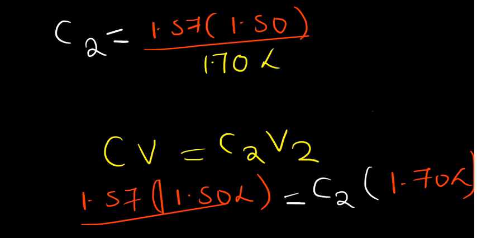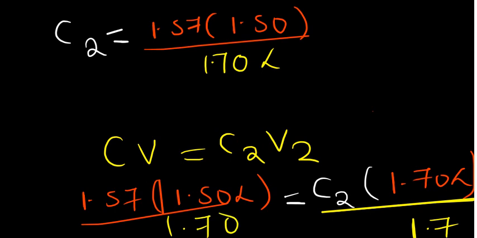These are just mathematical operations. We do understand where this is all coming from; we are just dividing on both sides. Any questions? So 1.57 multiplied by 1.50 divided by 1.7 gives 1.385.